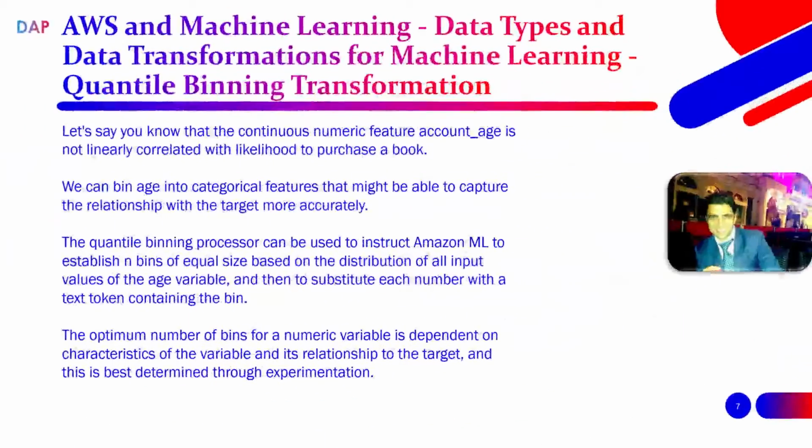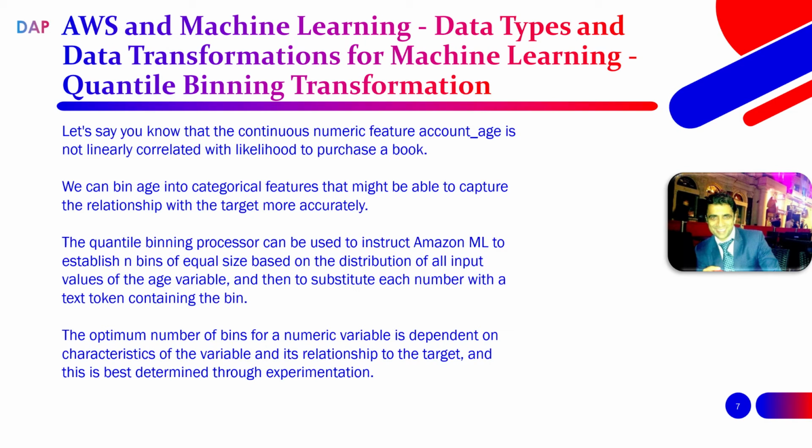Okay, so this is all it is, and let's take an example. Let's say that the continuous numeric feature account_age is not linearly correlated with the likelihood of a customer purchasing a book. Now we can bin age into categorical features that might be able to capture the relationship with the target more accurately.